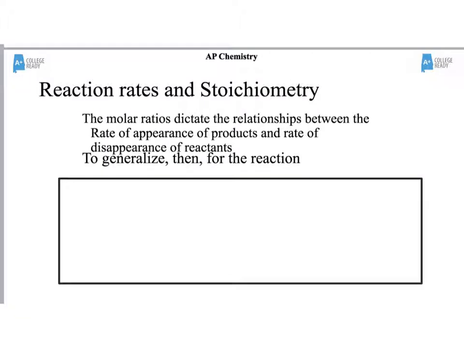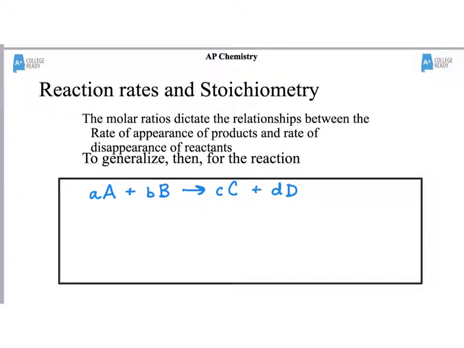So if we have, in general, a reaction, this is classic from the textbooks. If we have aA plus bB, little a and little b being the stoichiometric ratios, so reactant A and reactant B, and they are going to produce product C and product D. So what can we say about their rates?